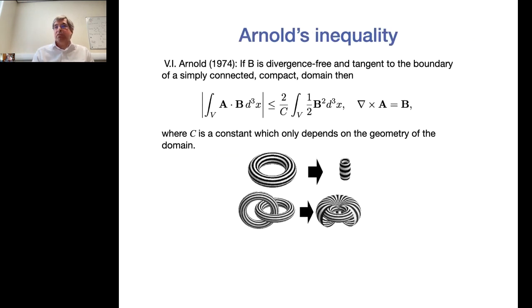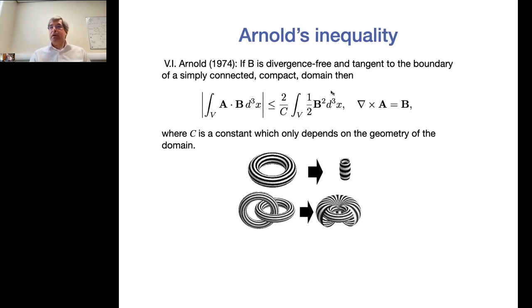So before I do this, I want to introduce Arnold's inequality. So this is our kind of main subject today. Arnold published this in 1974, initially in a Russian journal, and then later it got translated.